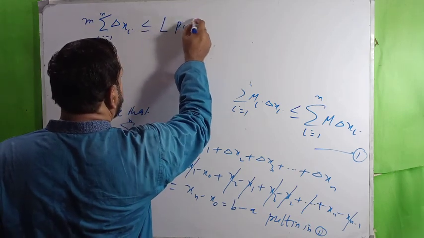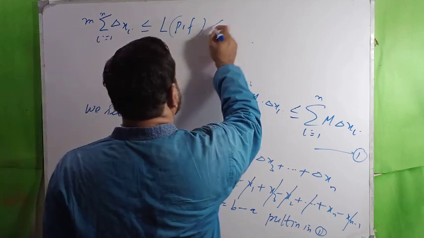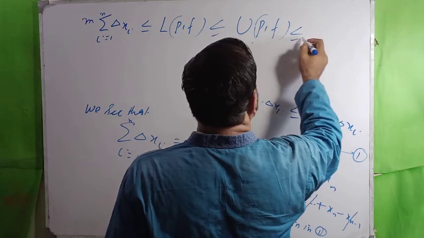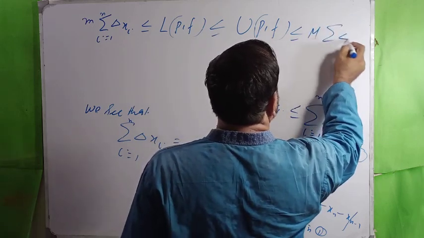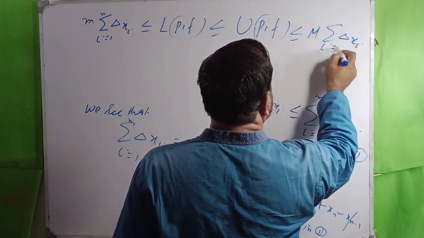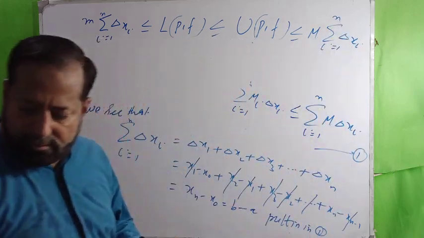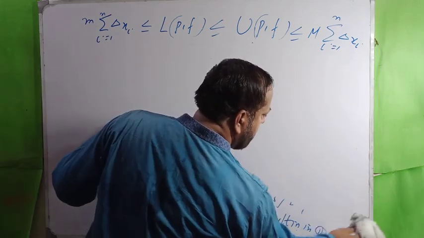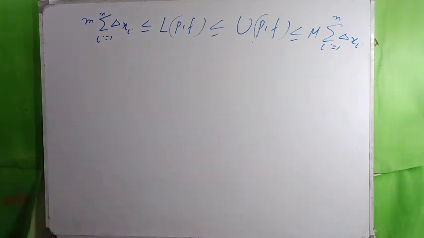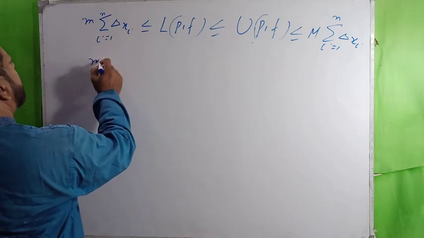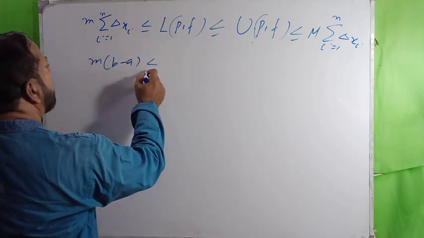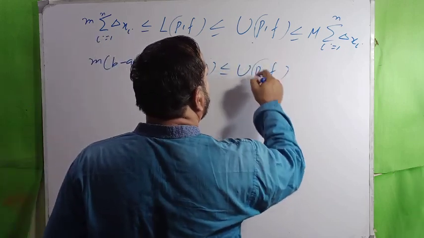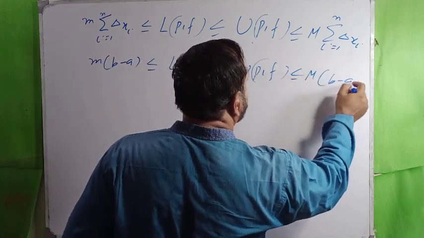This is the lower sum L(P,f), and this is less or equal to the upper sum U(P,f), and this is less or equal to capital M into the summation of Δxi, i from 1 to n. This means that m into b minus a is less or equal to L(P,f), which is less or equal to U(P,f), which is less or equal to M into b minus a.